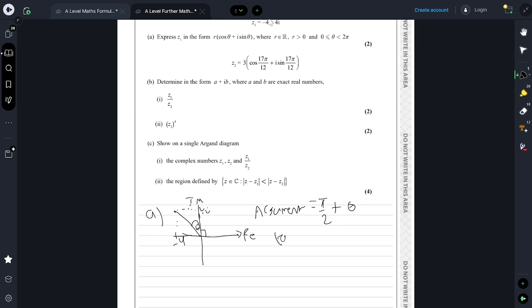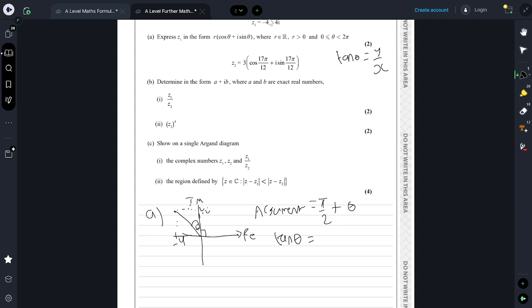So tan theta. Alternatively, you should know that tan theta is always y over x, so the imaginary part over the real part.